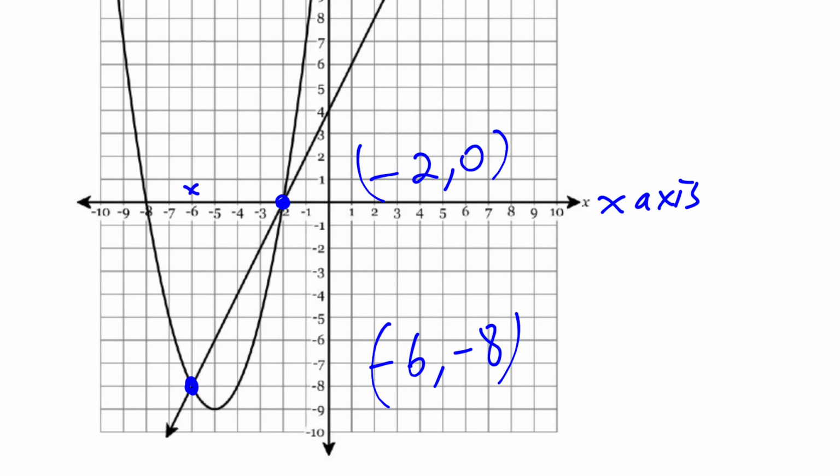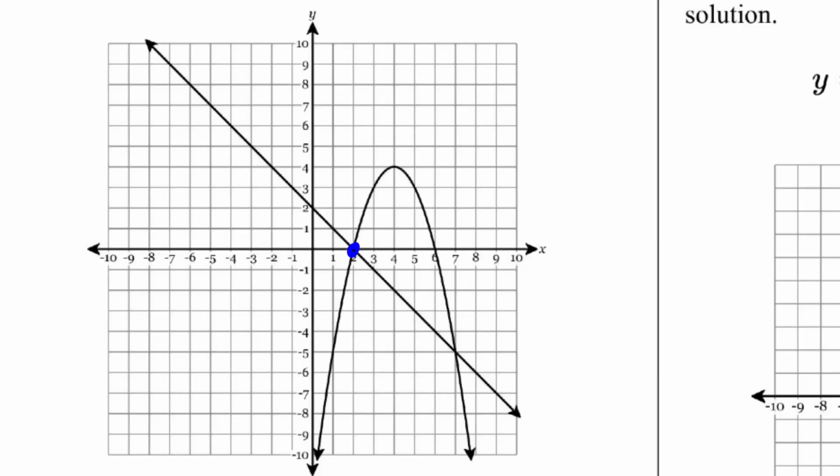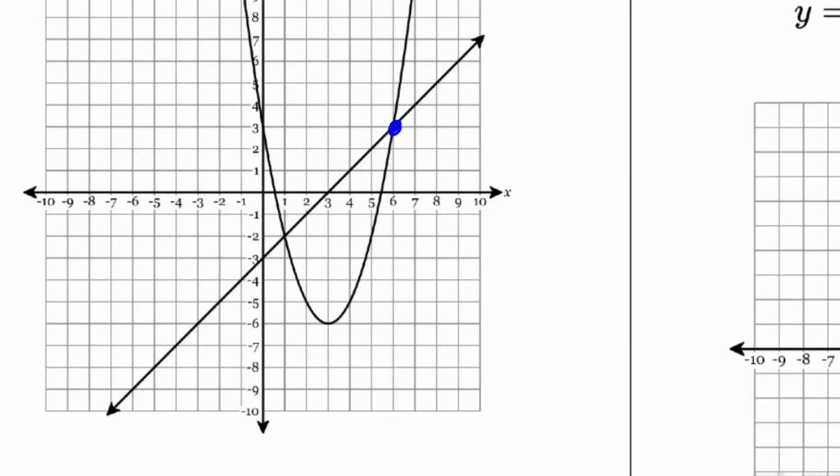Notice it's my x value here and my y value here. This solution is 2, 0. This solution is 7, -5. Here the parabola crosses the line at 6, 3, and here at 1, -2.